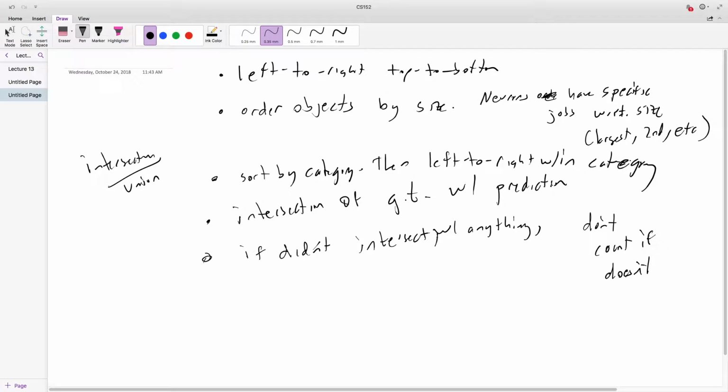Ordering objects by size, I'm not convinced is any different from what we talked about before, because, I mean, the way of thinking about it is different, that the neurons have a specific job, and that the first one's job is to map to the largest. I take it back. Yes, this is different.